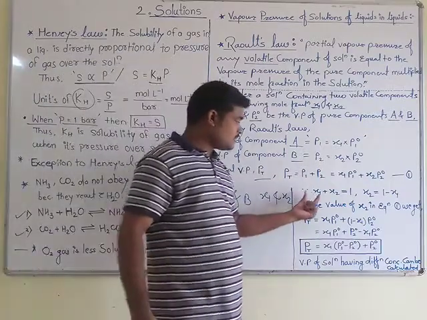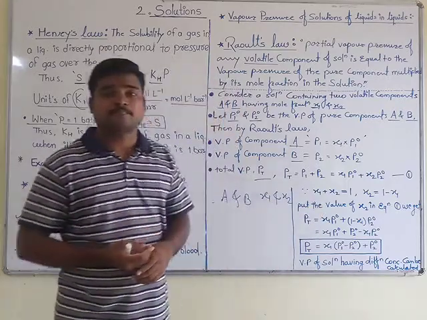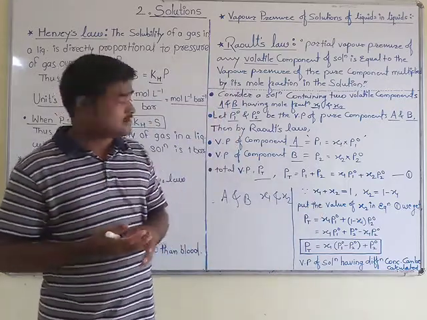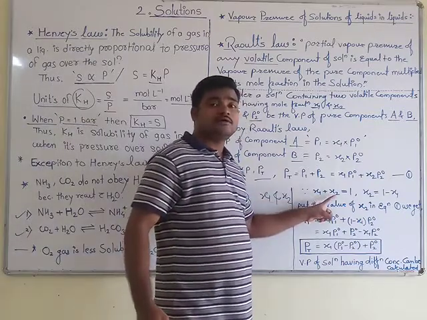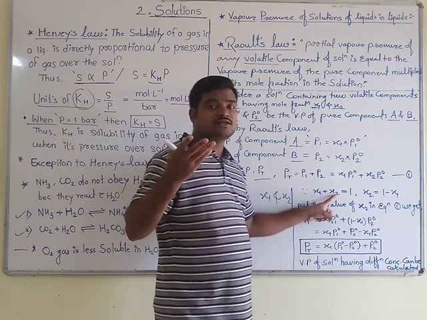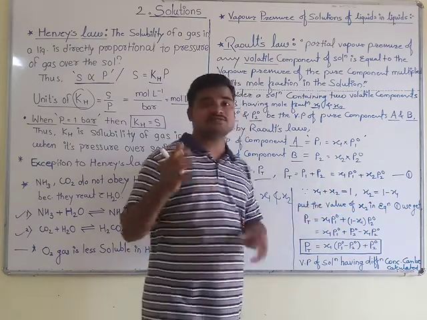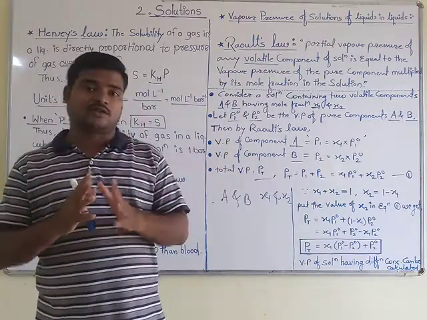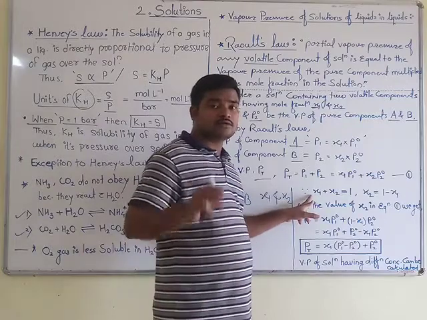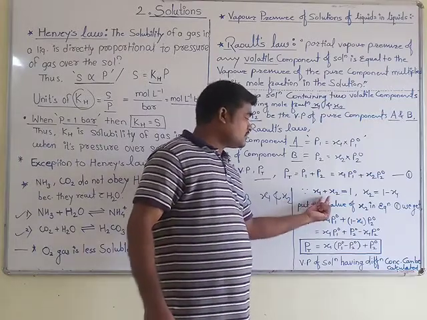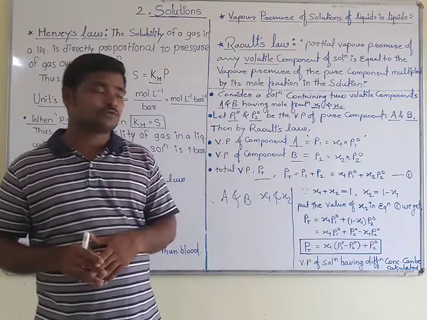Now in the next step, as we already studied, the mole fraction of the first component added to that of the second component present in the liquid is always equal to 1. This is the important term we have used here: X1 plus X2 is equal to 1.